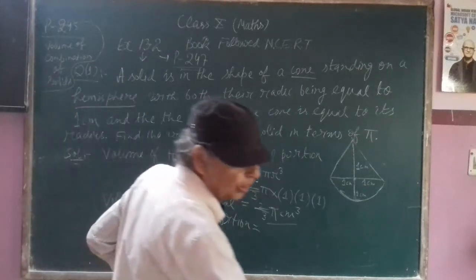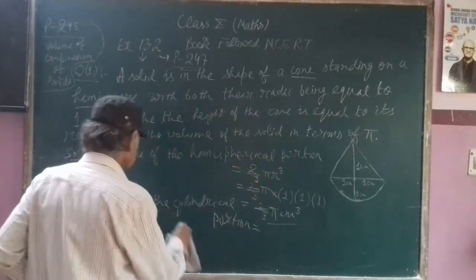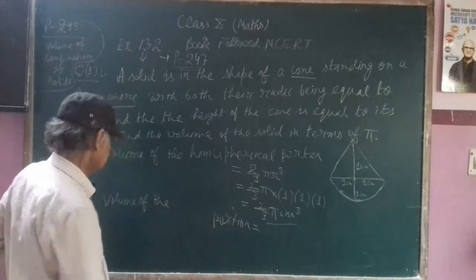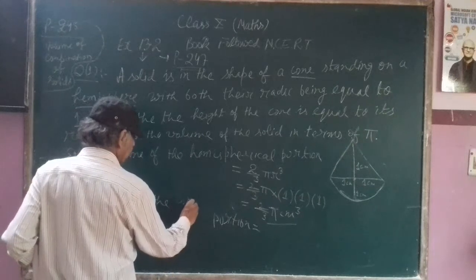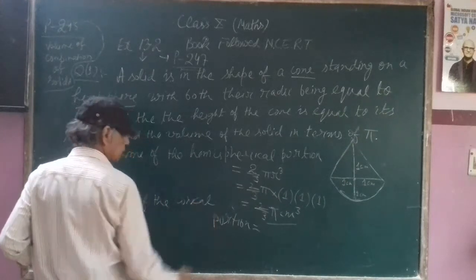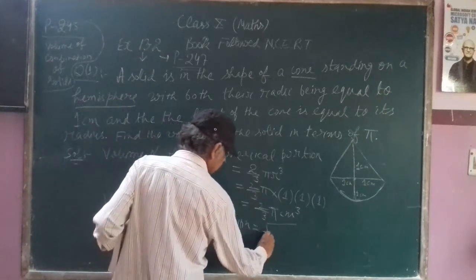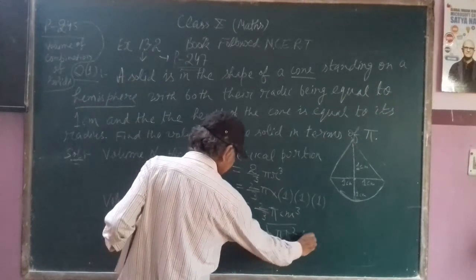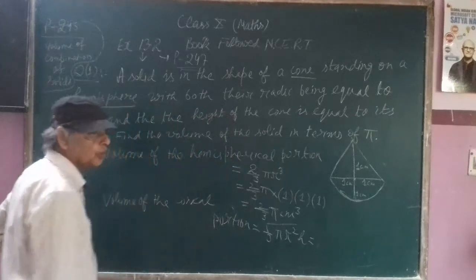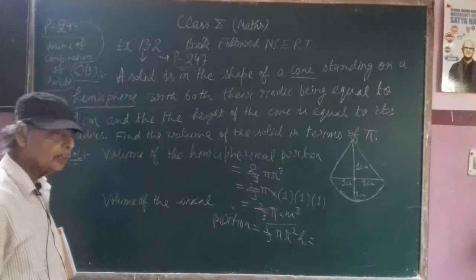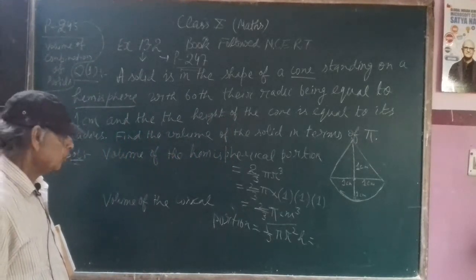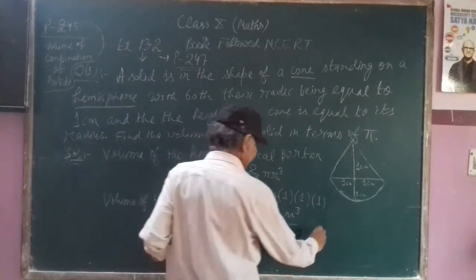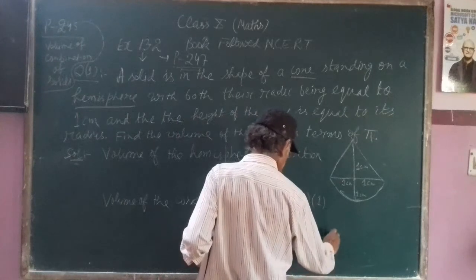I have to write conical portion here because it is not a cylinder, it is a cone. You know very well the volume of a conical portion is 1/3 pi r square h, where r is the radius of the cone and the height is equal to the radius of the same cone. So the radius is 1 and the height is also 1.